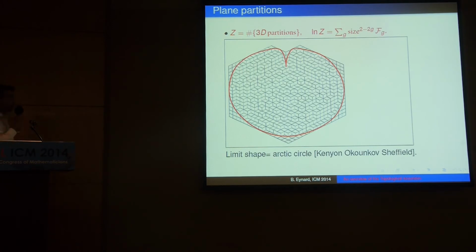And so now what you are interested in is to compute correlations. So you take random partitions uniformly in this large size limit, and you are interested in computing correlations, expectation values, and all that.